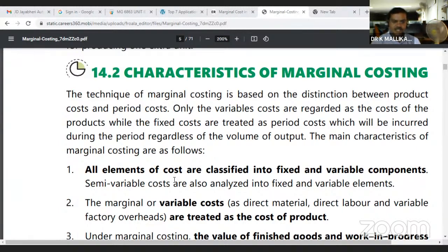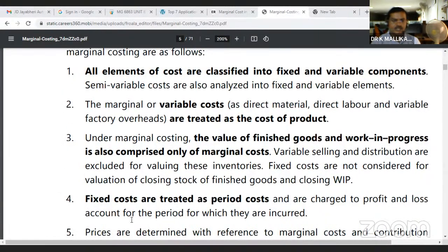The second characteristic: the marginal costs are nothing but the variable costs, which include direct material, direct labor, and other direct overheads, and are treated as the cost of production. We know the cost sheet, so whatever cost is included in the cost of production, we call marginal cost. So marginal cost includes all direct expenses.